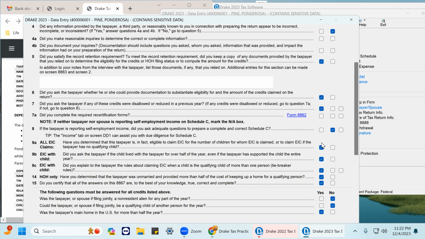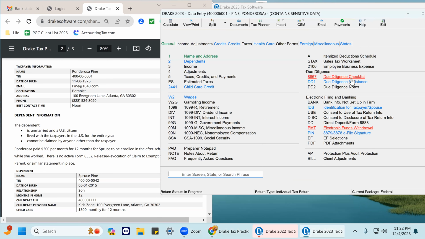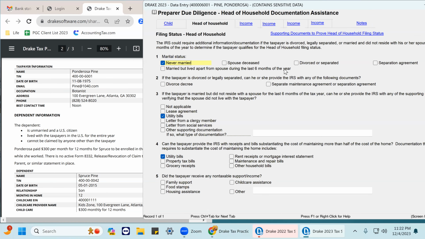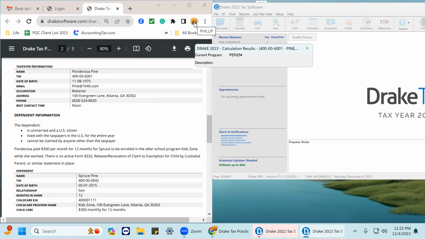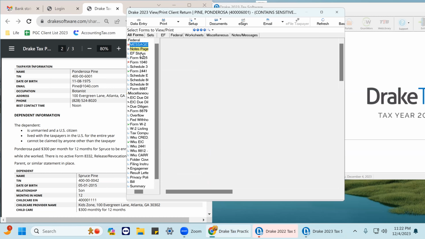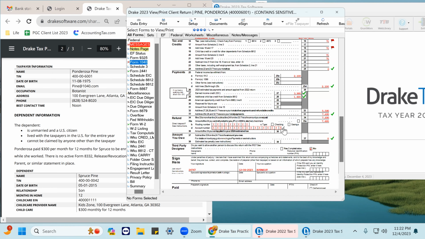When you go through this process, the system will give you the right result for what this taxpayer qualifies for, for example the earned income tax credit, the child tax credit, the child care credit, all related to those questions. Don't underestimate those questions.